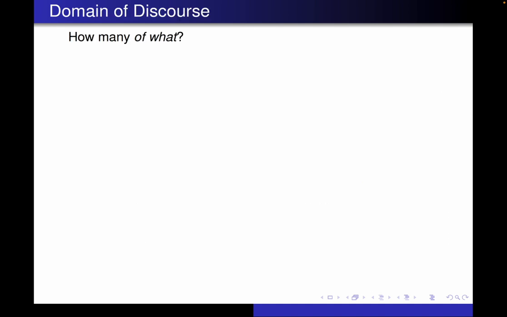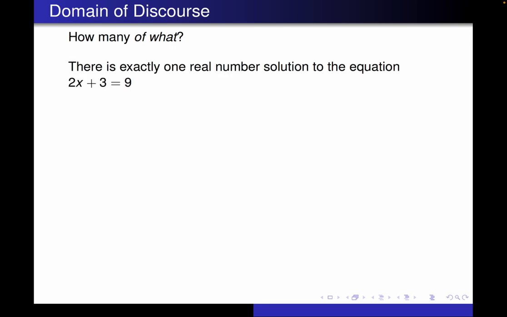Okay, so now I want to talk about the domain of discourse, which shows up implicitly in every single quantified statement that you can have. Because when we're talking about how many, we're not just asking how many in a very abstract and ambiguous way. We want to say how many of what. To show you what I mean, let's look at the quantified statement saying there is exactly one real number solution to the equation 2x + 3 = 9.